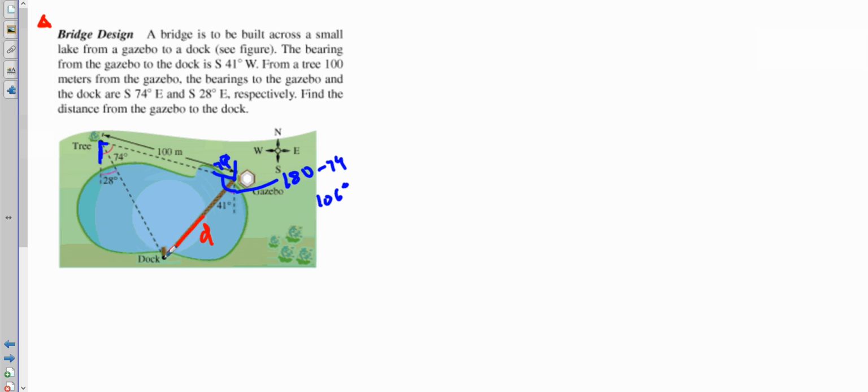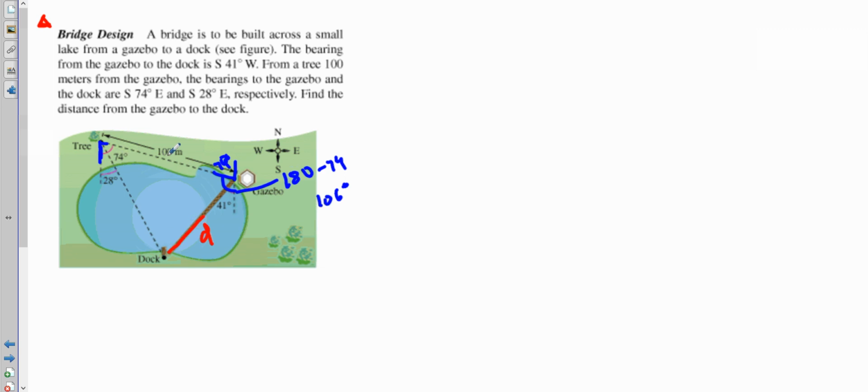What we're trying to figure out is D, and if we know the angles and one side, we can use the law of sines.